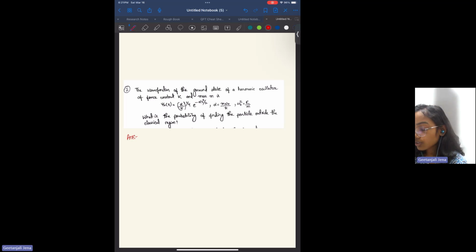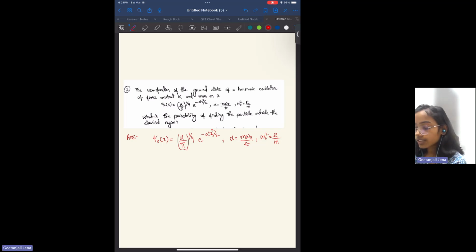It is given that the wave function of the ground state of a harmonic oscillator of force constant k and mass m is given by psi 0x equal to alpha by pi to the power 1 by 4 e raised to minus alpha x square by 2, where alpha equals m omega 0 by h cut and omega 0 square equals k by m. So this is given, and it is asking what is the probability of finding the particle outside the classical region.